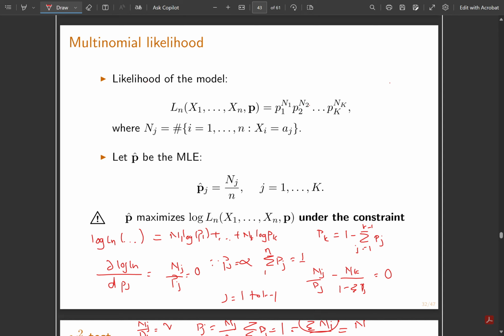So we substituted the last pj with 1 minus the sum of the previous ones. Once we did that, it turned out to be okay, and we were able to get pj equal to nj divided by n. This can be used to get the values for probability, CDF, and all those we had earlier. And it's a fairly natural estimator.